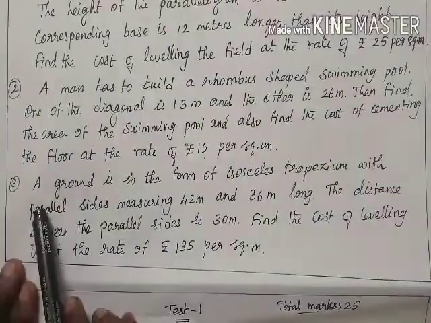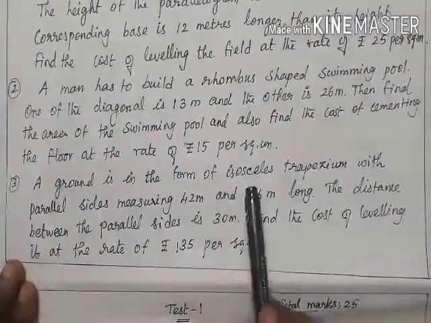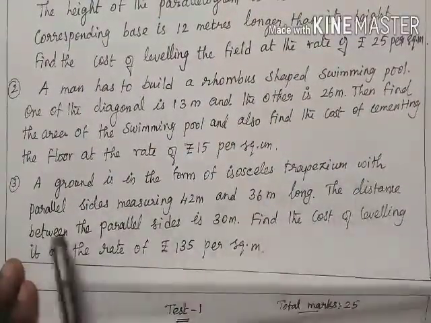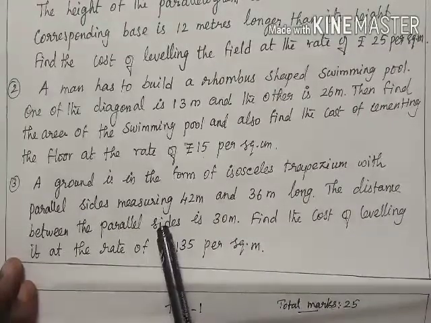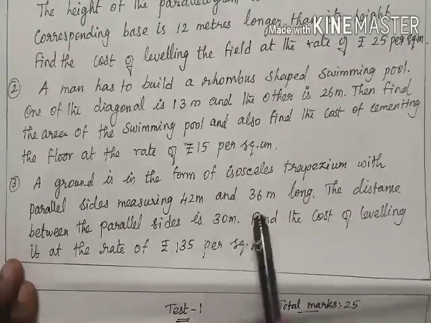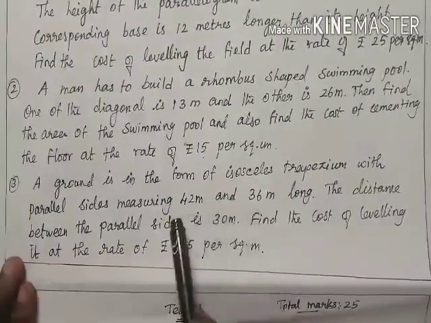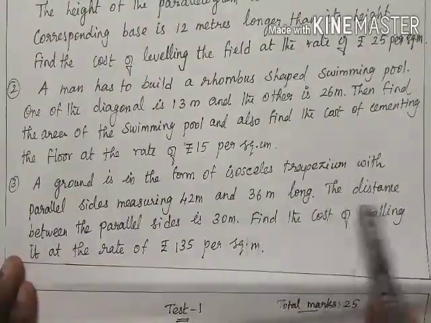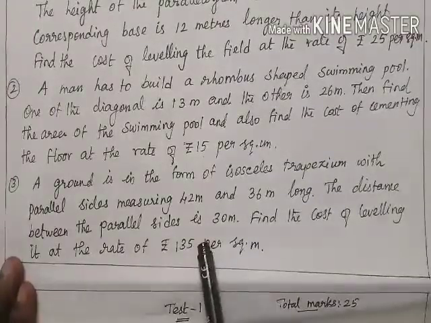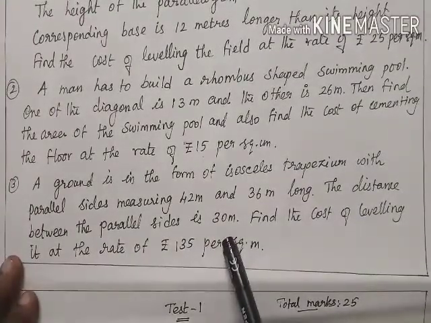Third sum is a ground in the form of isosceles trapezium with parallel sides measuring 42 meter and 36 meter long. That is, these are parallel sides A and B. The distance between the parallel sides is 30 meter. That is height.